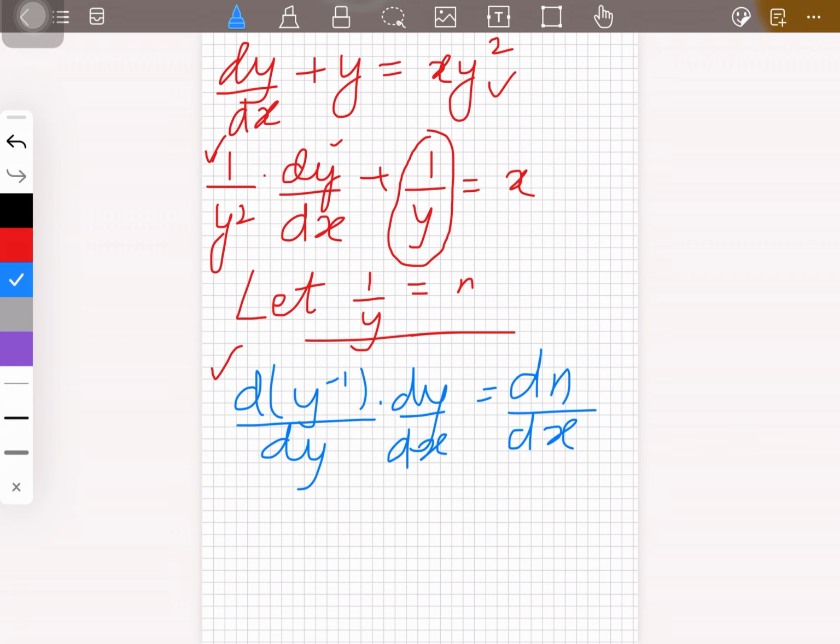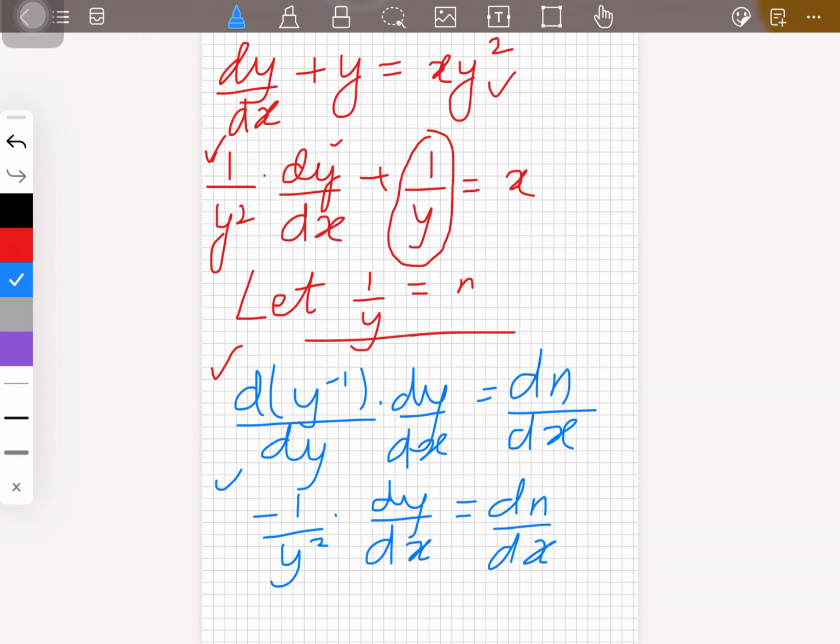So now the answer to this would be minus 1 over y squared times dy over dx is equal to dn over dx, isn't it?